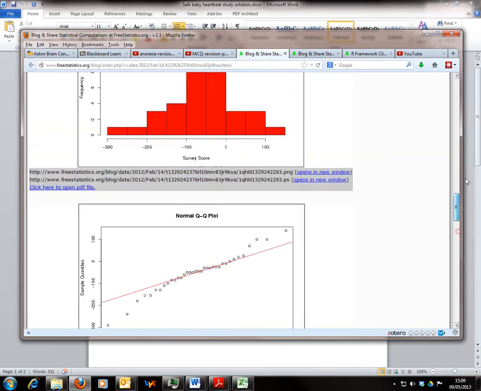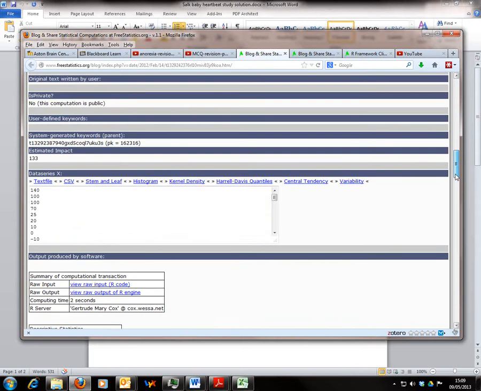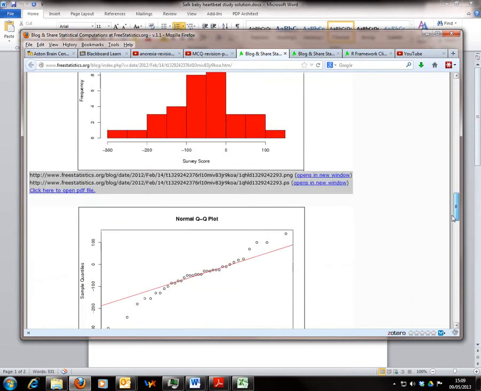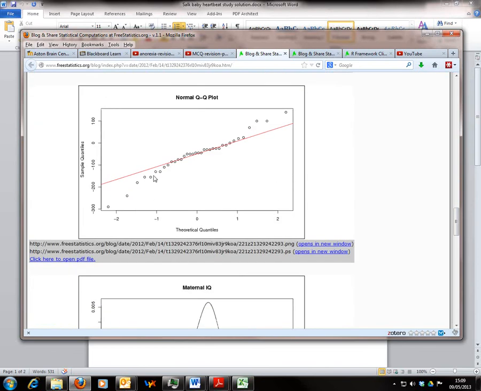If we look at the no heartbeat babies plot, this one here, this is just of the column of data for the babies who heard no heartbeat. Now if we look at the QQ plot, we can see there's systematic deviations away from the QQ plot normality line here, okay?